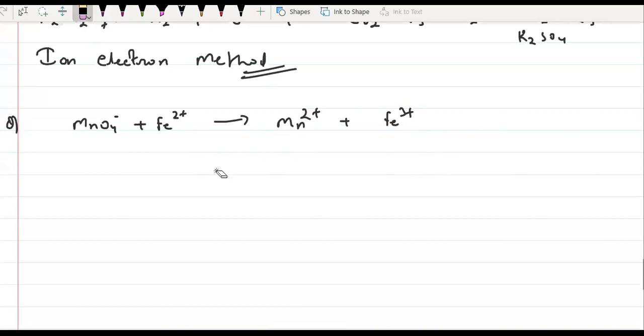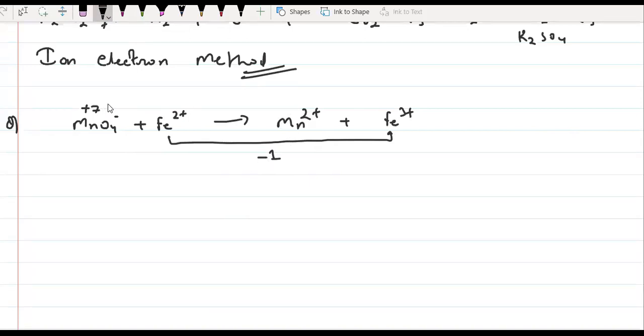So now what do we have to do in the oxidation number method? The first step and second step are the same as the ion electron method. The only difference is, check here. We have plus 7 to plus 2 and plus 2 to plus 3. So I can say that here 1 electron is removed, sorry, my bad, so minus 1 electron.